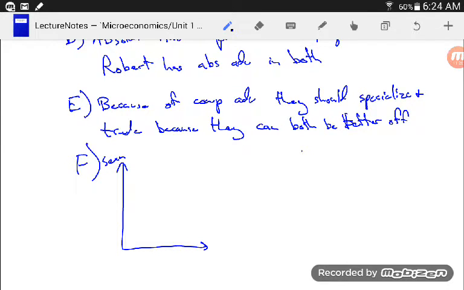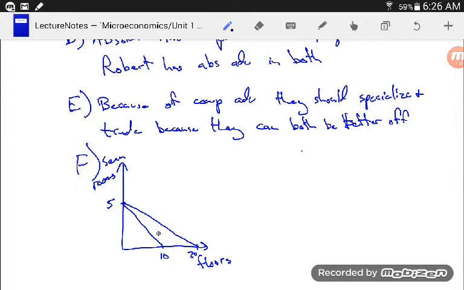I could draw this on the old one, and we had rooms and floors. So before Sean could do 5 rooms, he can still do 5 rooms. Before he could do 10 floors, so this is kind of that old PPF, and now he can do 20.